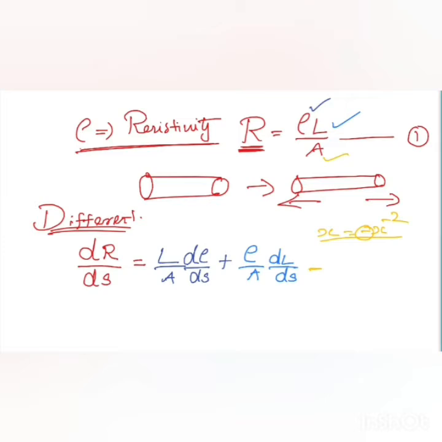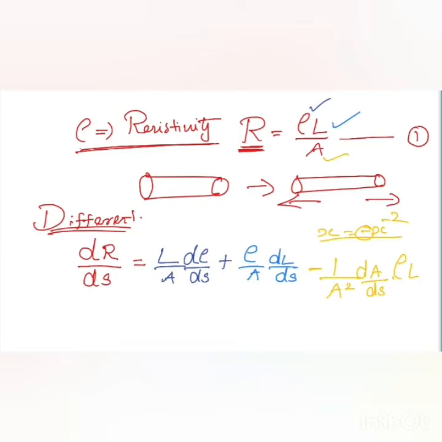I'm going to write 1 by A squared into dA by dS into the constants, which is rho L. Remember this equation.